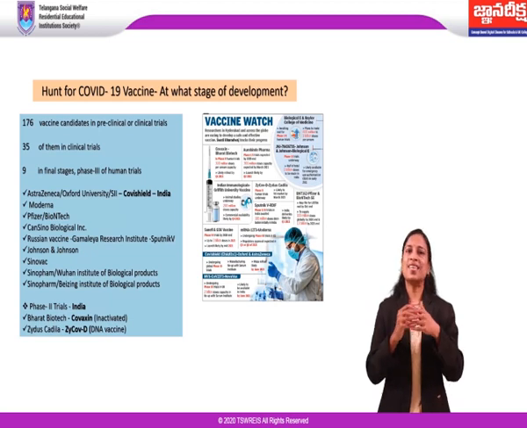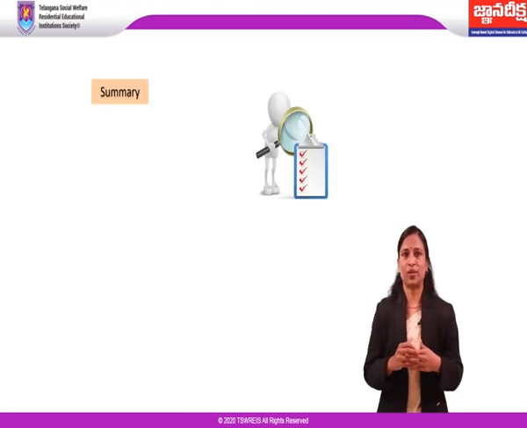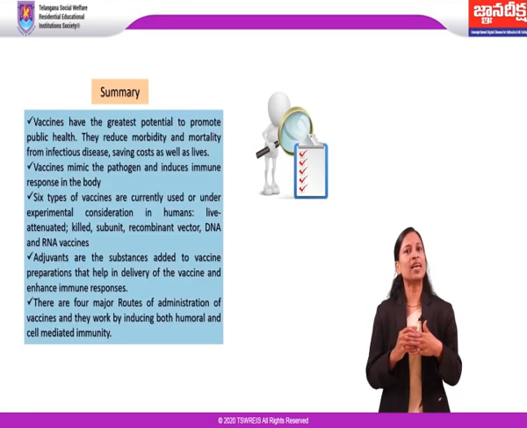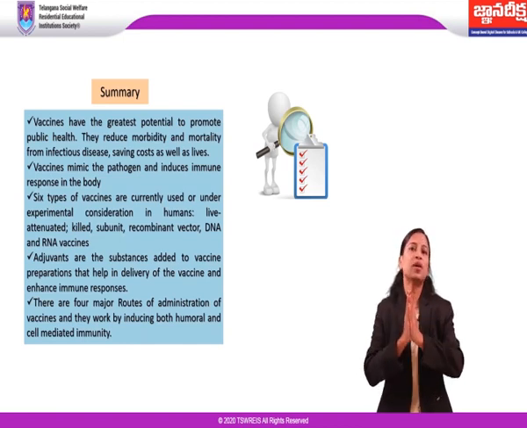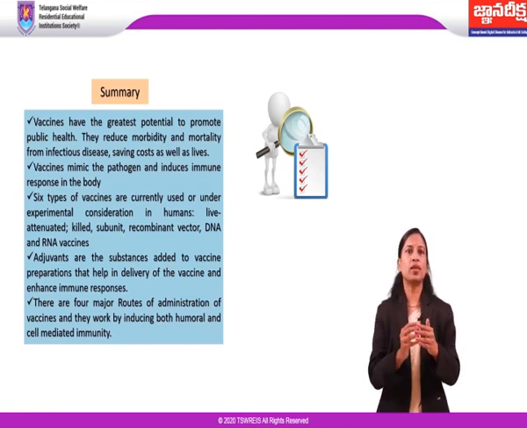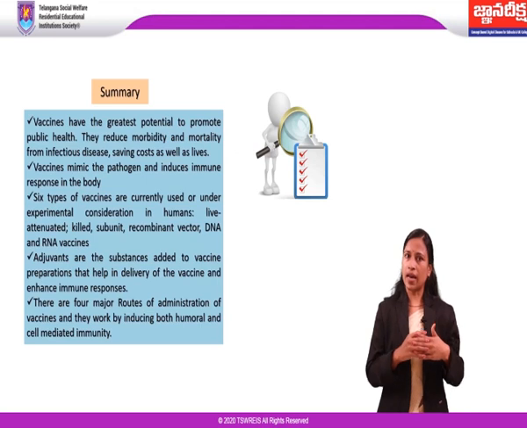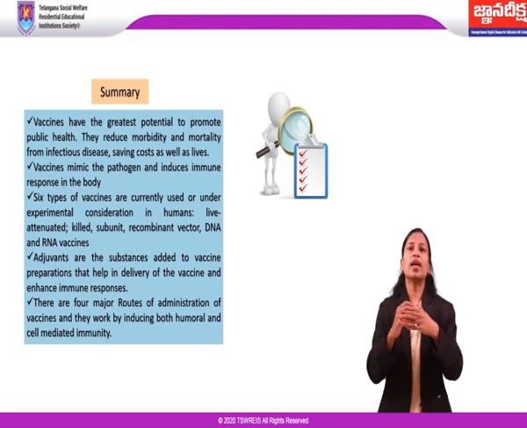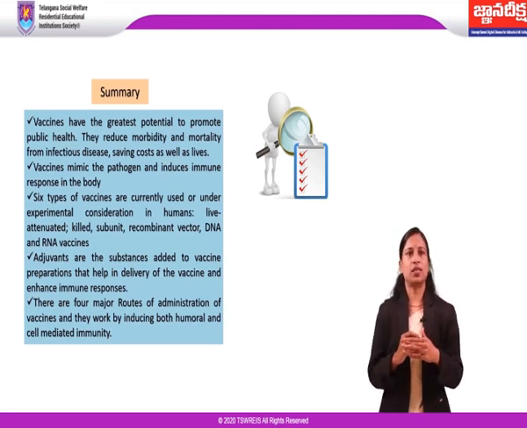Let's summarize what we have learned today. Vaccines have the greatest potential to promote public health. They reduce morbidity and mortality from infectious disease, saving costs as well as lives. Vaccines mimic the pathogen and induce an immune response in the body.